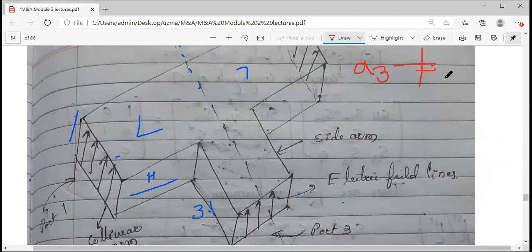A is your incident wave. A3 not equal to 0 means power is fed through port 3. And what are A1 and A2? They are the powers at port 1 and 2. They are 0 means I am not feeding the power from port 1 and 2. I am feeding the power through port 3. That is the meaning.